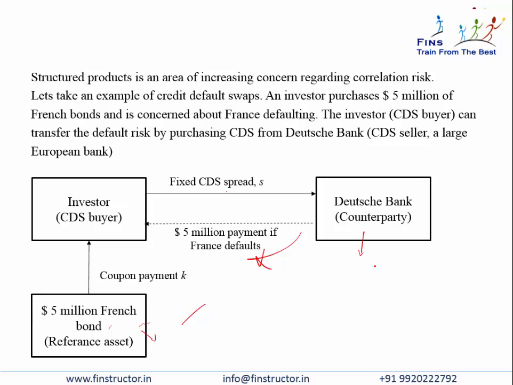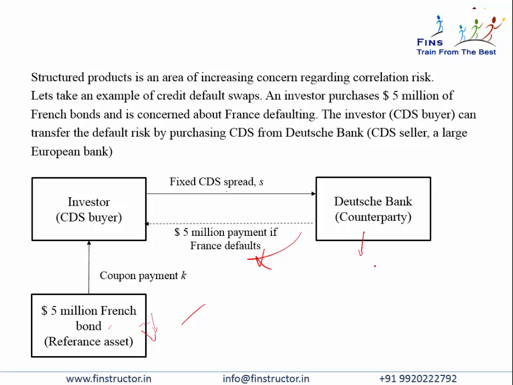That is, when the deterioration in the asset correlates with the deterioration in another asset or another investment that I have made. If France defaulting actually meant that German banks become better credit, or improve in their financial situation, that would be a right way risk, because then the probability is very high that when France defaults, Deutsche Bank will be able to make my payment, because historically I've seen that when France defaults, these German banks have a better credit quality.